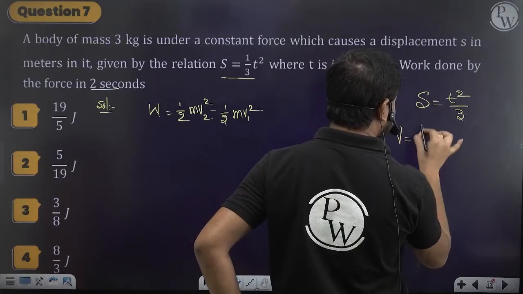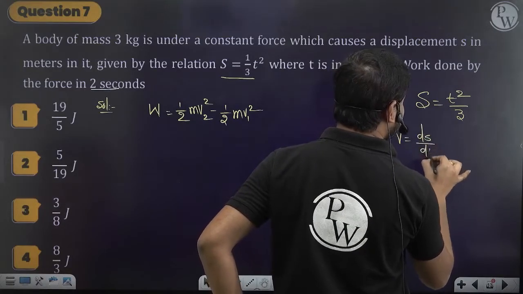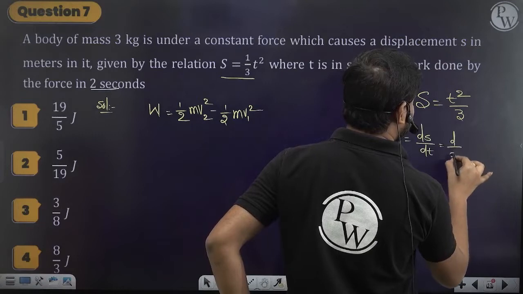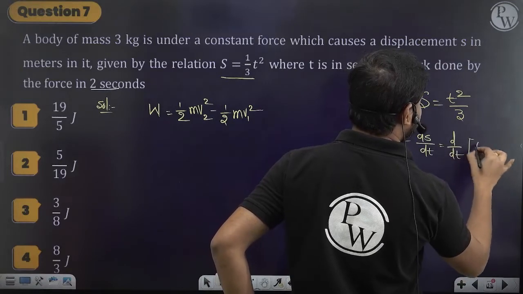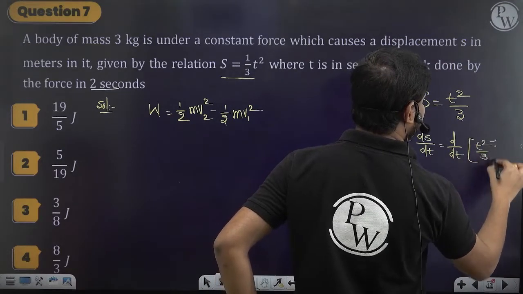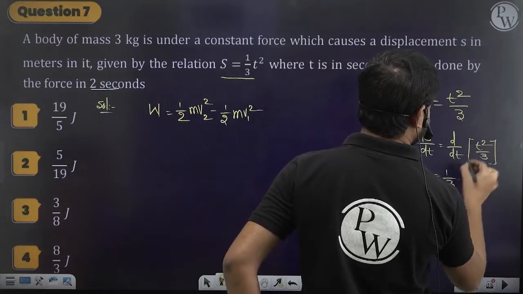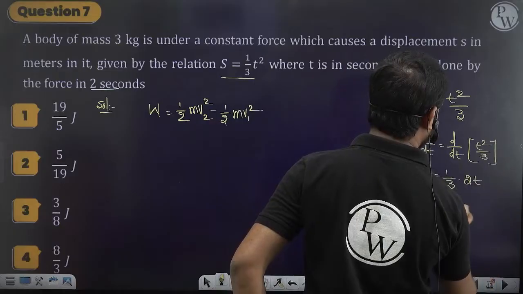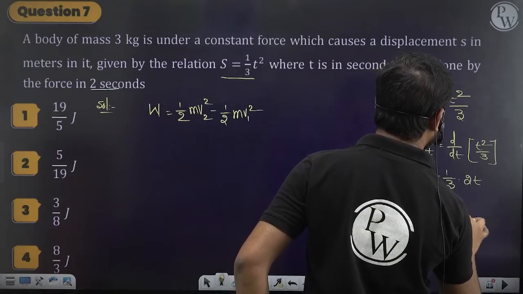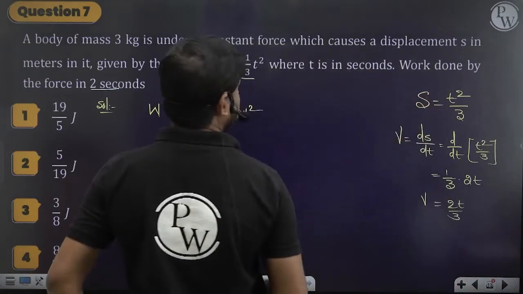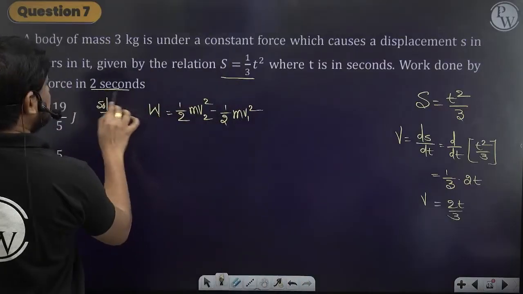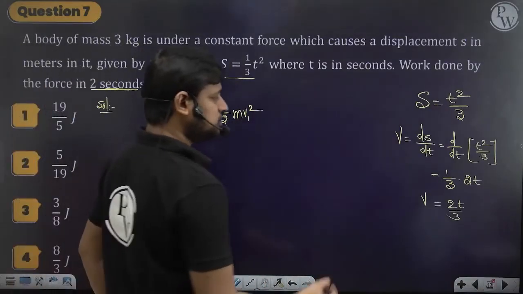V is equal to ds by dt, which is nothing but d by dt of t square by 3, yes or no? So 1 by 3 comes out, and the derivative of t square is 2t, which is nothing but 2t by 3 is the velocity. Now they are asking the work done by the force in 2 seconds, which means 0 to 2 seconds.